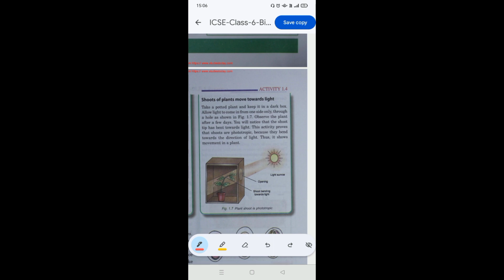The shoots respond to the sunlight and hence bend towards it, and hence we can say that shoots are phototropic in nature since they bend towards the direction of light, and thus there is a movement shown by the plant.